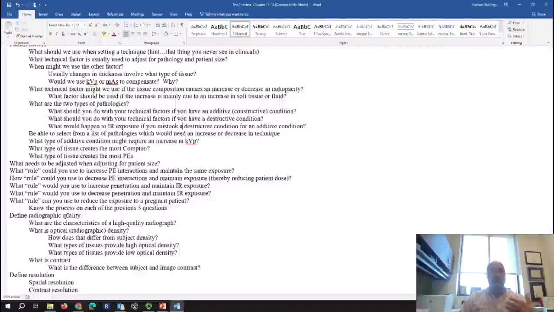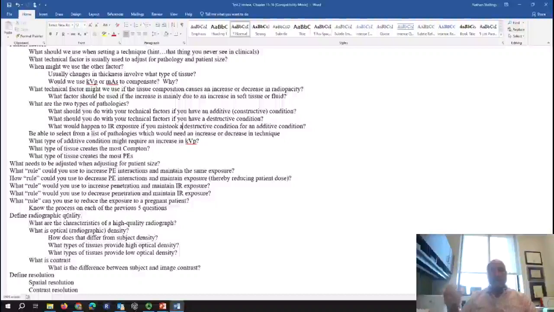Air is less dense than fat, which is less dense than muscle, which is less dense than bone. So where we have high subject density, we're going to have low optical density. So bone is very dense, absorbs a whole lot of X-rays, and it's what shows up lightest on an X-ray. Air has very low density, so it shows up with a very high density on the image.